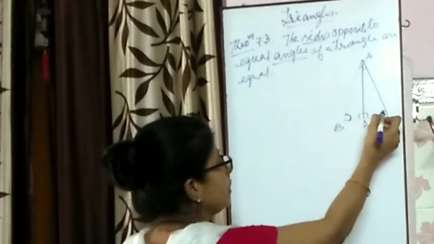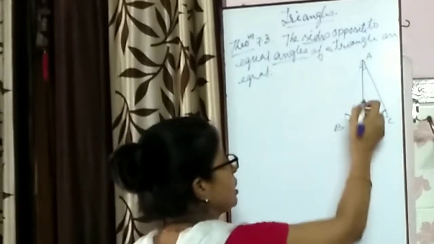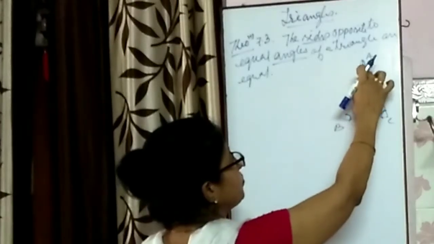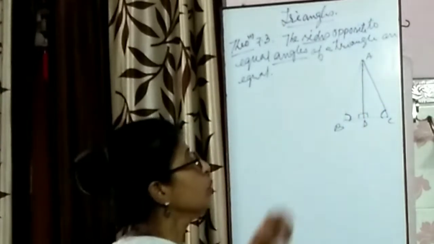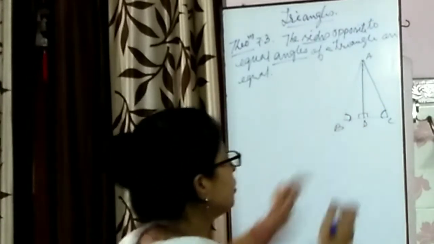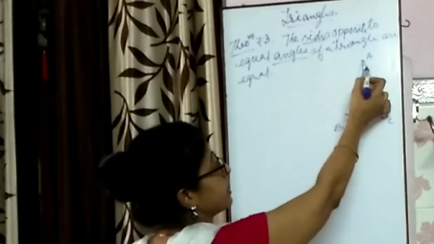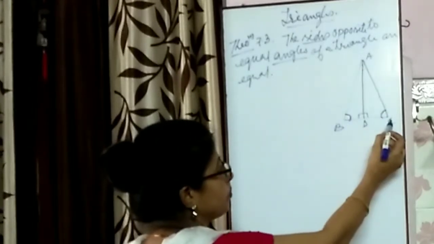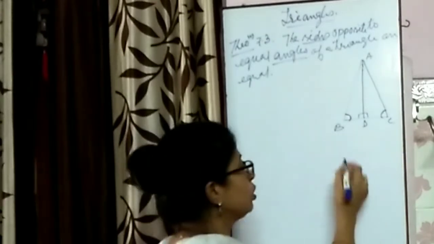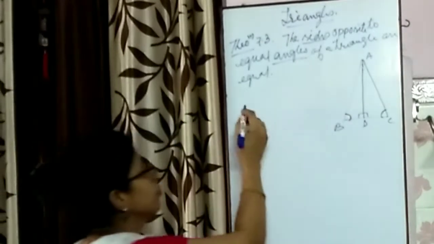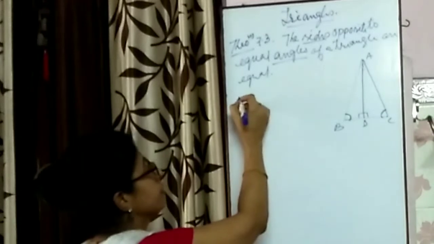So angles we have made equal. This time we will make the perpendicular bisector of the side. In the previous one we made the bisector of angle A. This time we will make the perpendicular bisector. Two words I'll show you. So let's write it first.